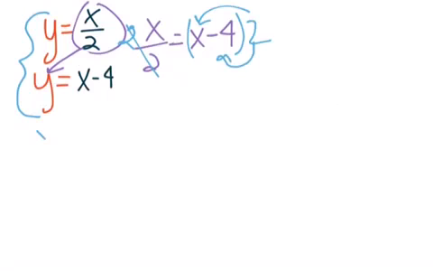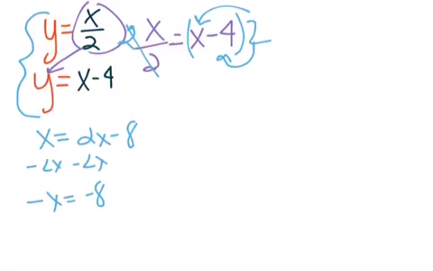So we have x equals 2x minus 8. I'm going to subtract 2x on both sides. So now we have negative x equals a negative 8. Our x needs to be positive here, so we're going to divide by negative 1 on both sides.